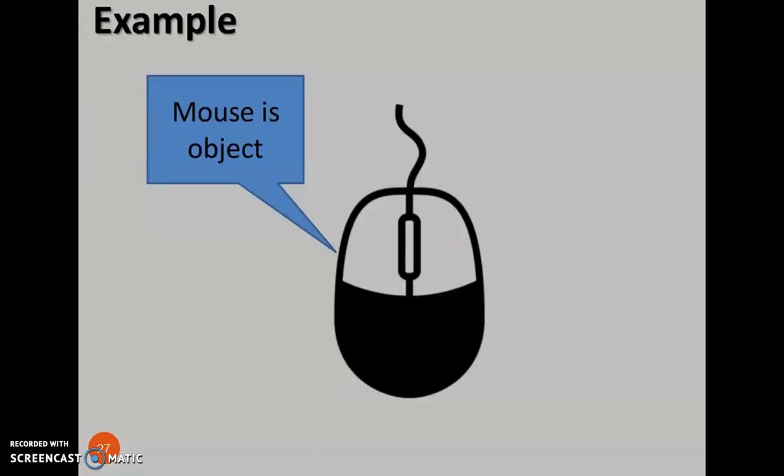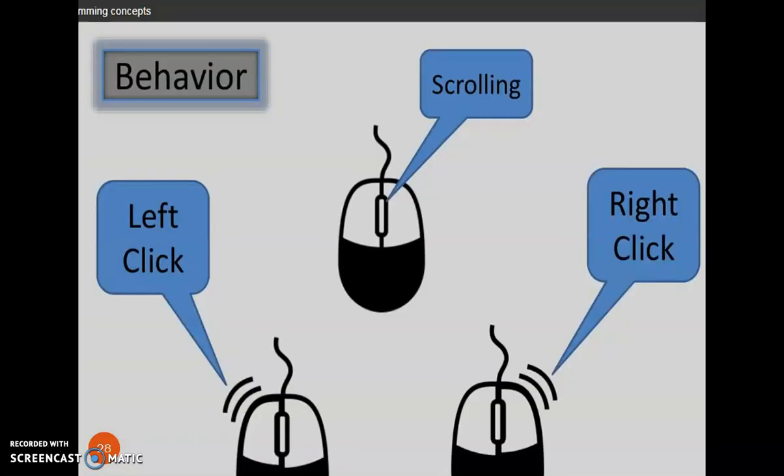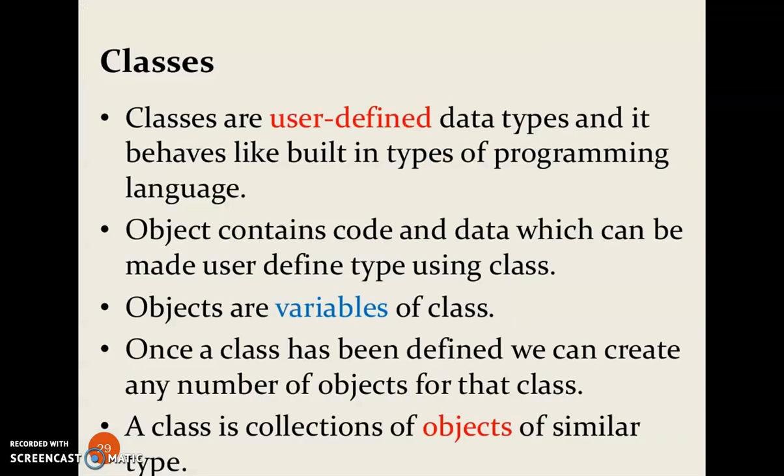For example, consider the mouse as an object, and we can see its behavior. Each object is doing some tasks: left click, scrolling, right click. These are some of the functions operated on the mouse.